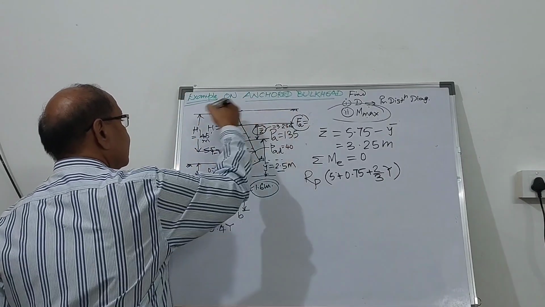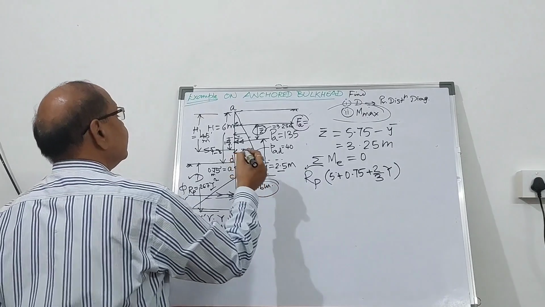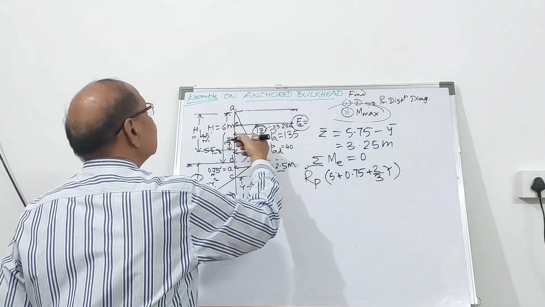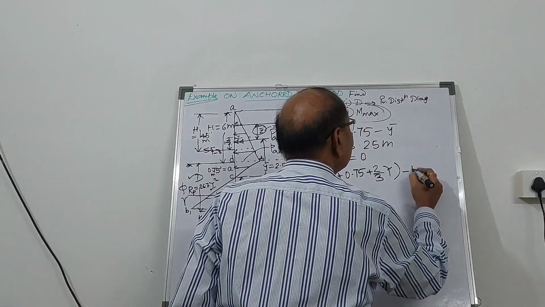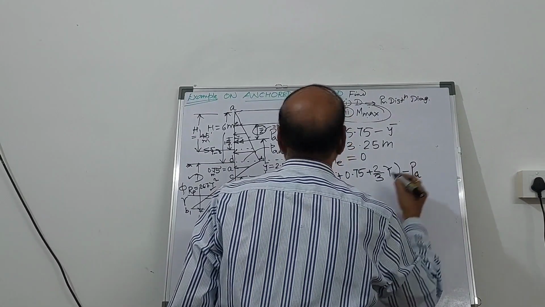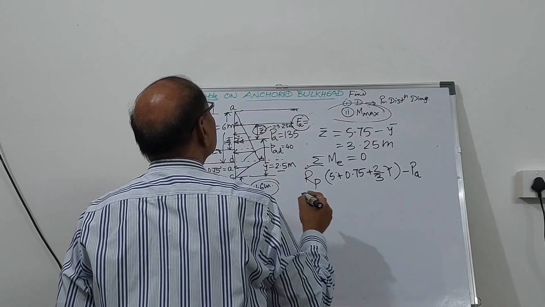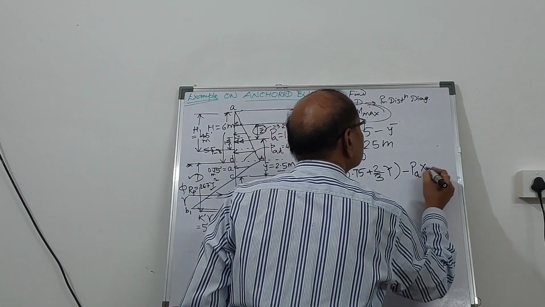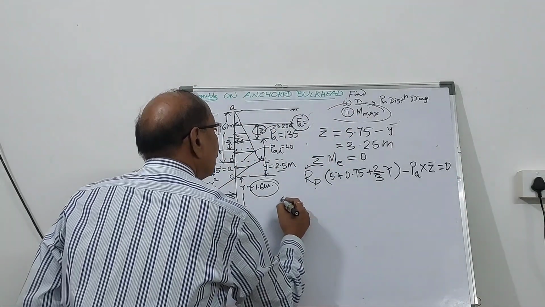So Rp is going to create an anti-clockwise moment. Then you have got another force, that is Pa, which is going to have a clockwise moment. So minus Pa into the value, that is Z bar, must be equal to 0.